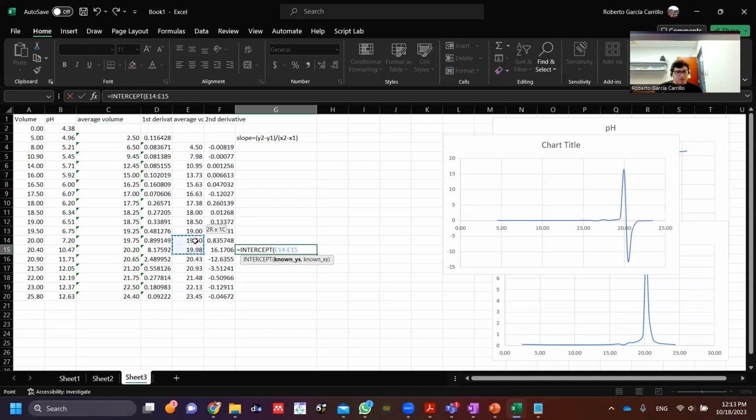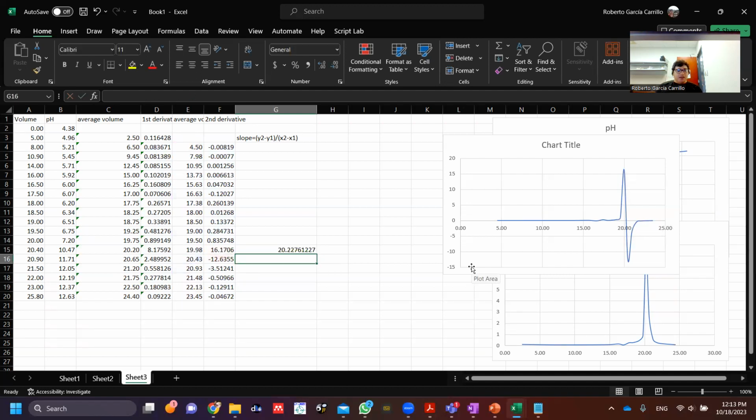Just select these two, where the second derivative changes from positive to negative, comma, and then instead of the x values, we select the y values, which are the corresponding positive and negative second derivative values, and close parentheses. Enter, and you get the volume which corresponds to your endpoint of that titration.